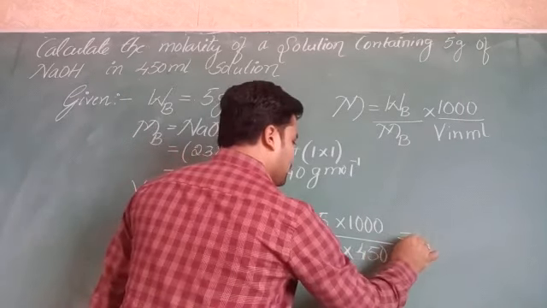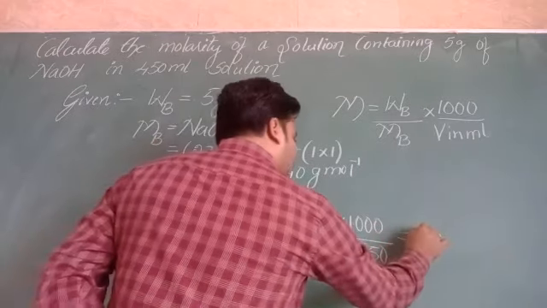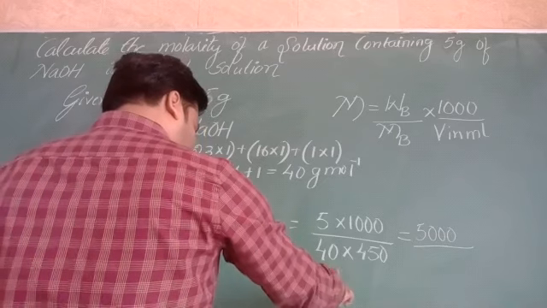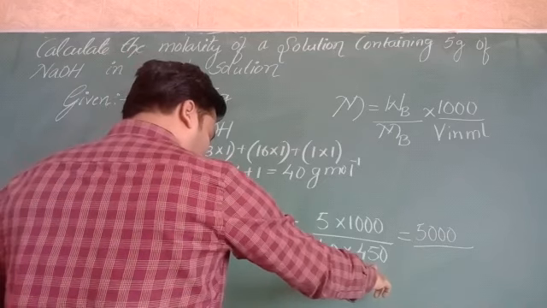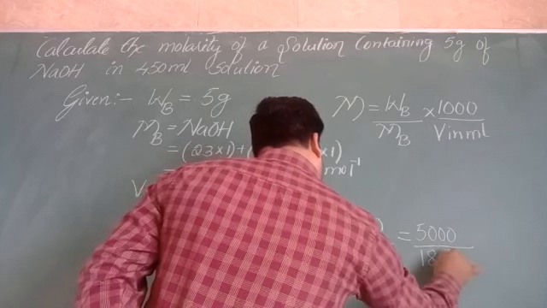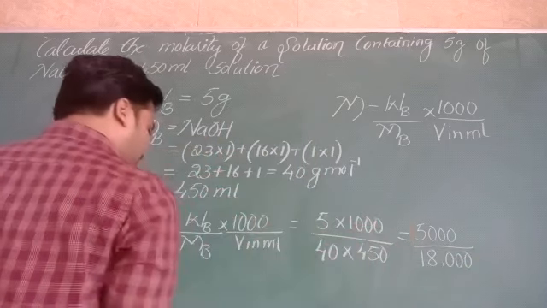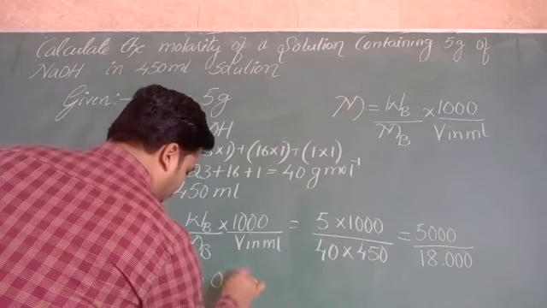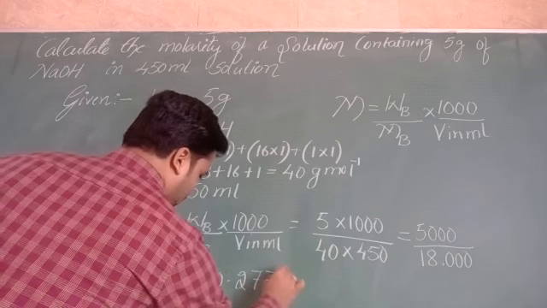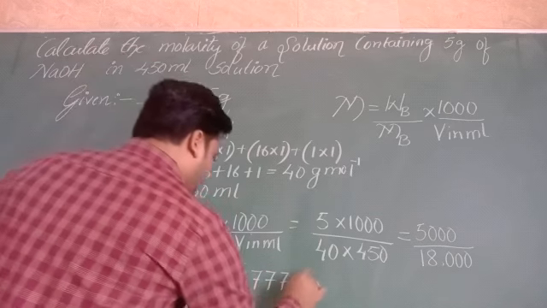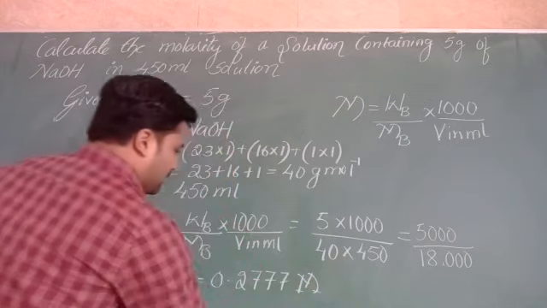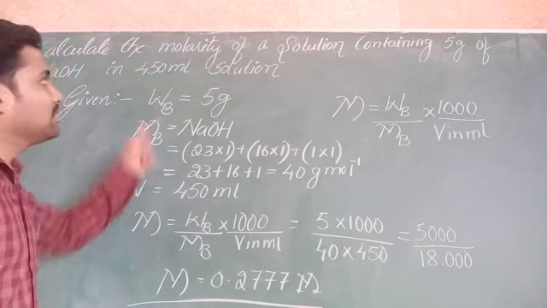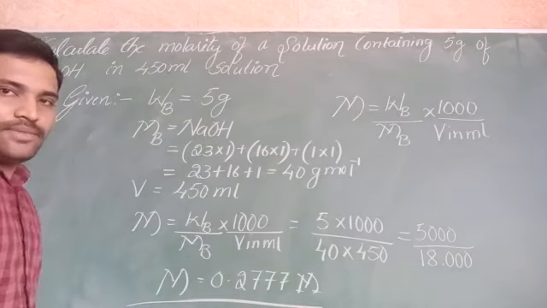If you solve this, 5 into 1000 is 5000, and 40 into 450 comes out as 18,000. If you divide these two, then molarity is equal to 0.2777, with the unit molarity. This is the solution for this question, that is calculation of molarity. Clear?